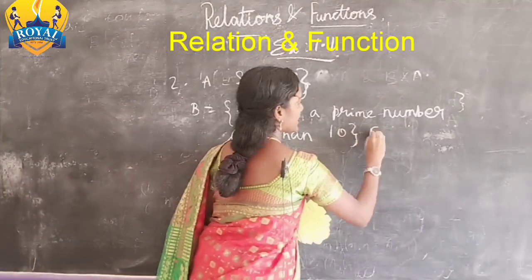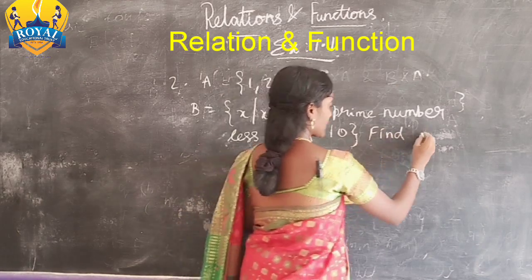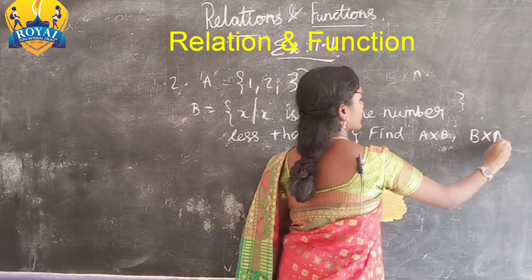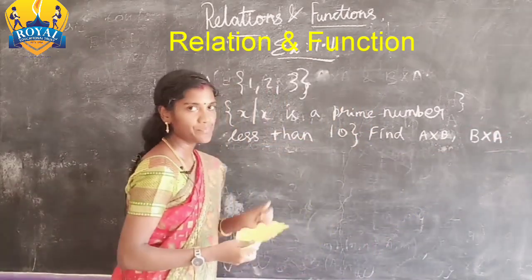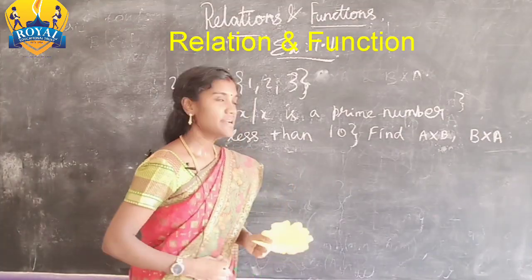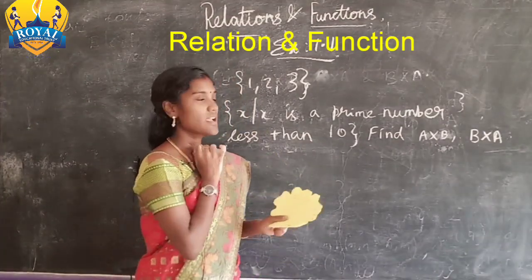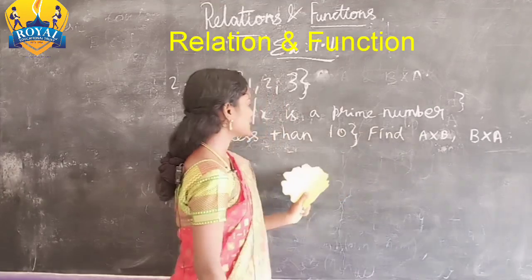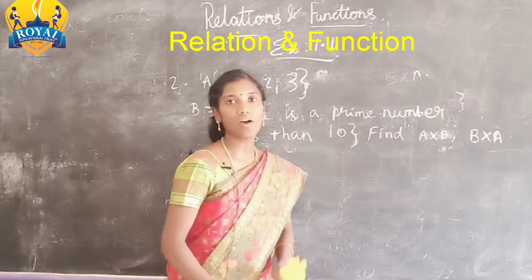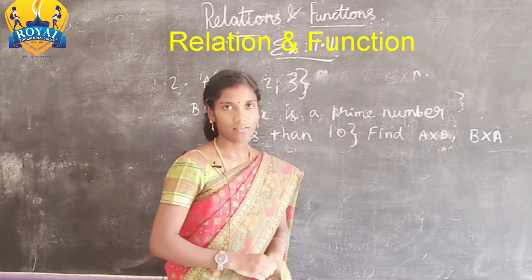So find A cross B and B cross A. Okay? Take your note and write down the sums.